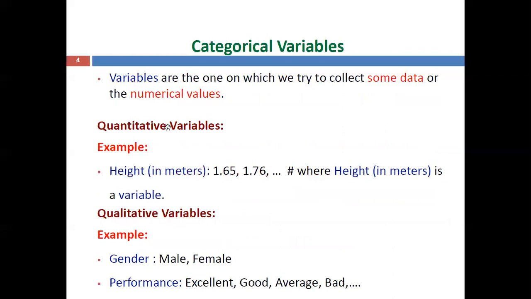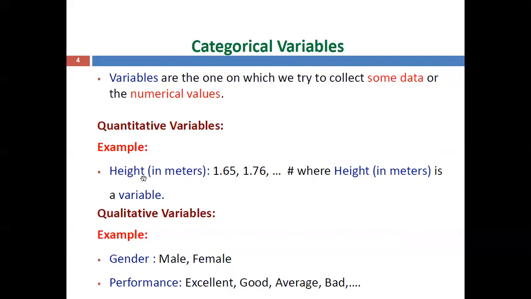So these two come under categorical variables. Variables are the ones on which we try to collect some data or numerical values. Coming to quantitative variables, first we will see an example.